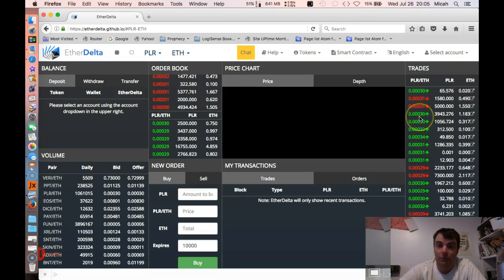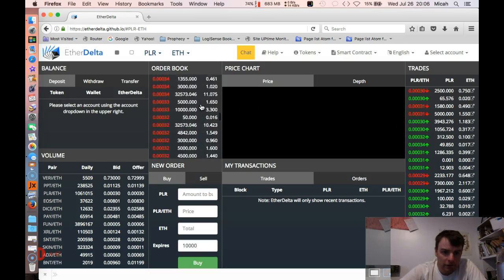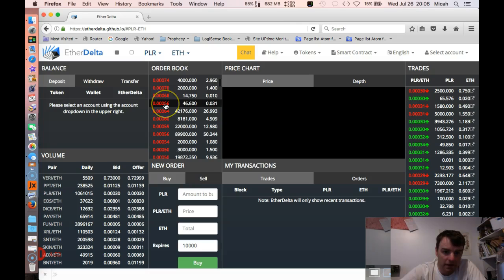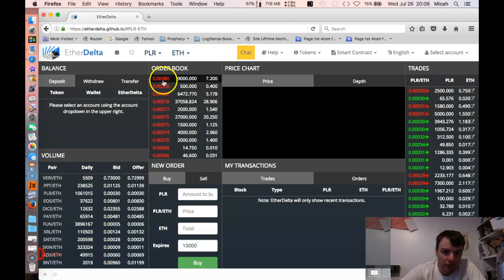Obviously we want to see that reach parity at bare minimum, and then over the next couple of weeks shoot up like Veritasium, for example. Like I say, it's a real good time to buy it, and it looks like there are people trying to sell it here for upwards of parity, and I think that's what the red means there.